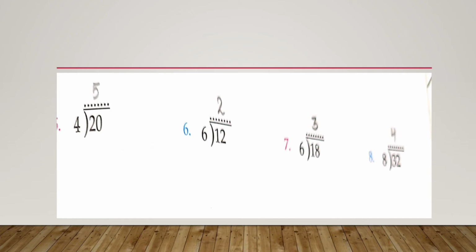So children, here your answer will be 5. Now, sixth part, here you have to divide 12 by 6. So children, read the table of 6 till you get 12. 6 1s are 6, 6 2s are 12. So children, your answer will be 2. It means 6 times 2 is 12.